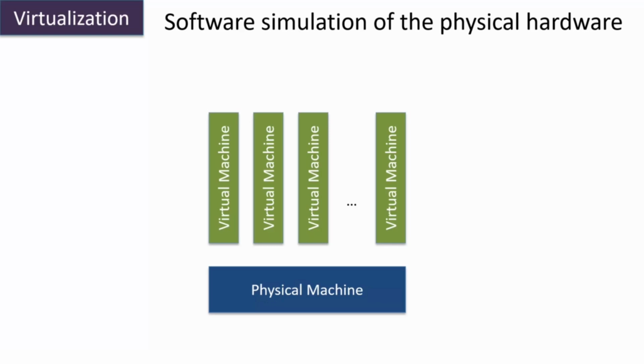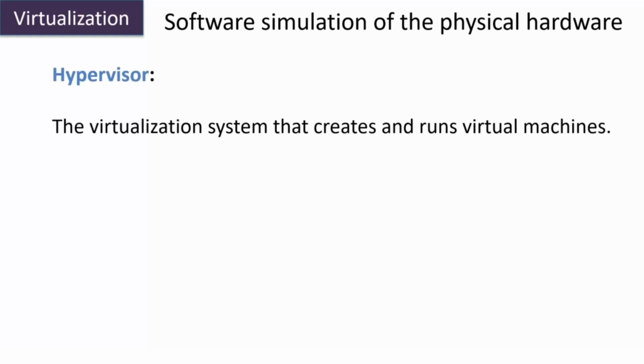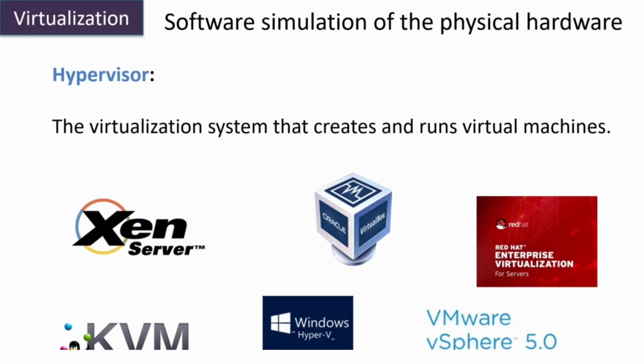To create the virtual machines on a single host machine or physical machine, you need to have a class of software on your machine known as the hypervisor. Hypervisor is the virtualization system that creates and runs the virtual machines. There are multiple hypervisor solutions available in the market today. The Oracle VirtualBox is a free hypervisor solution that we're going to use in this course.